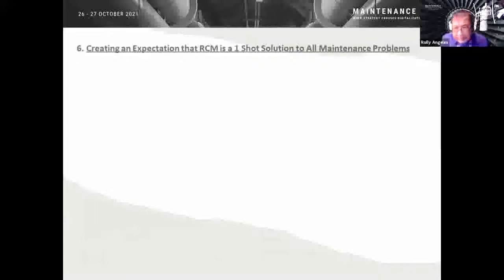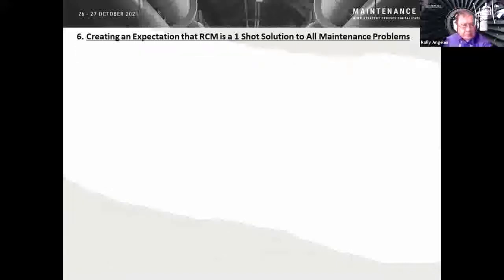So I think one of the, I would not say that this is why RCM failed, but if we implement RCM, do not think of RCM as a one-shot solution to all our maintenance problems.